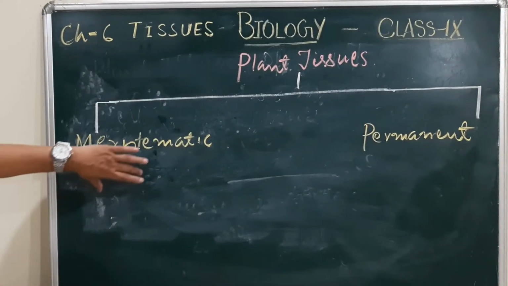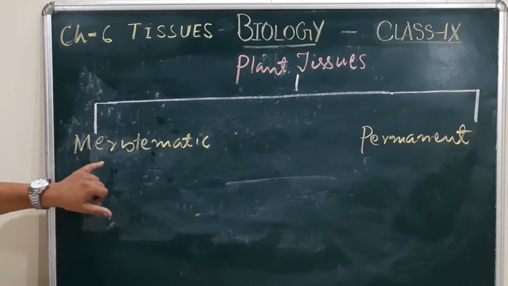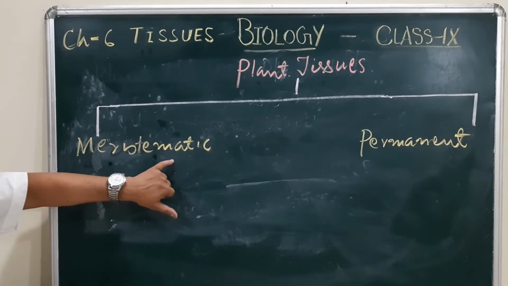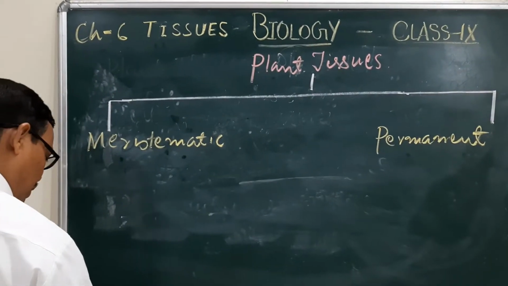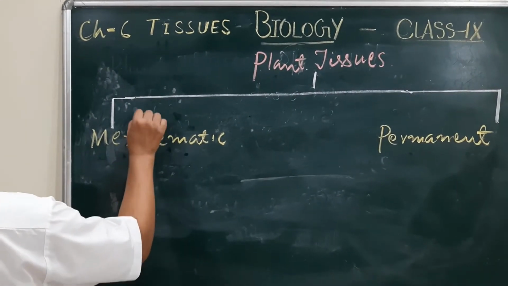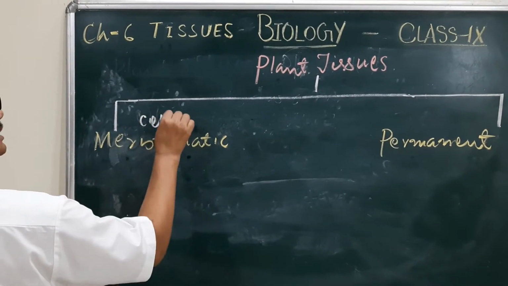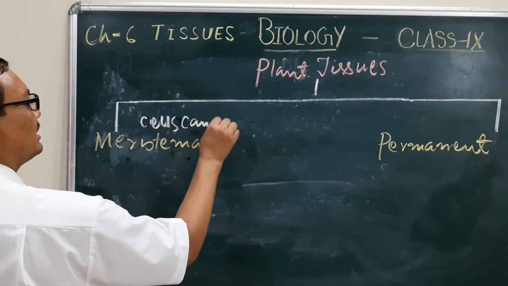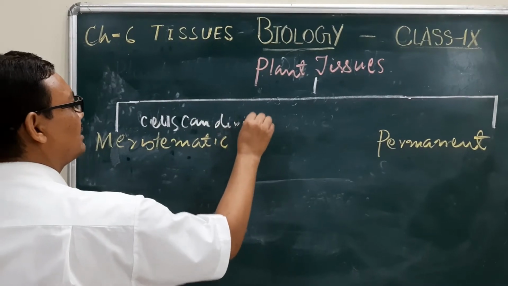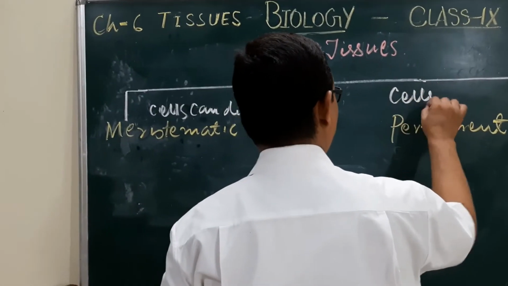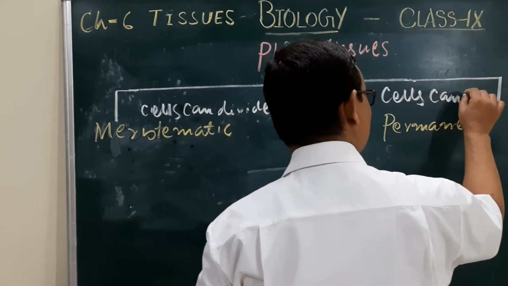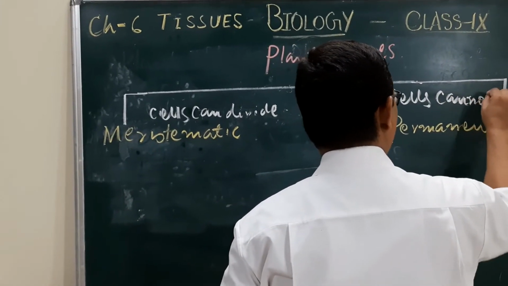Now, here you may write the cell can divide, cell cannot divide. In a short form, you may write here, cells can divide, cell cannot divide.